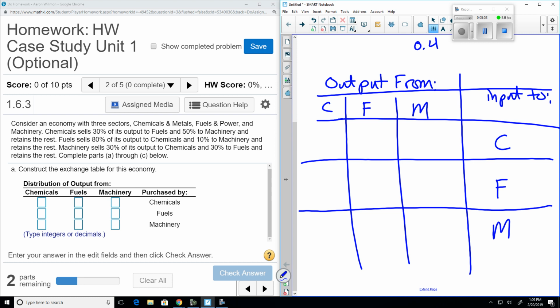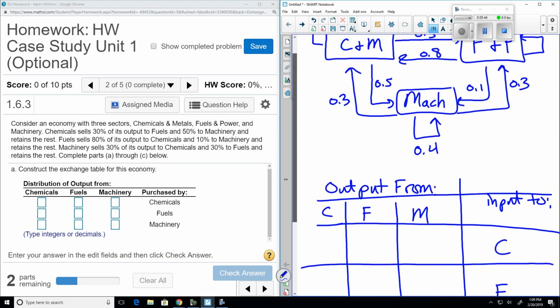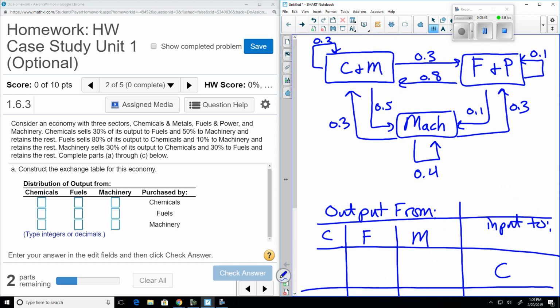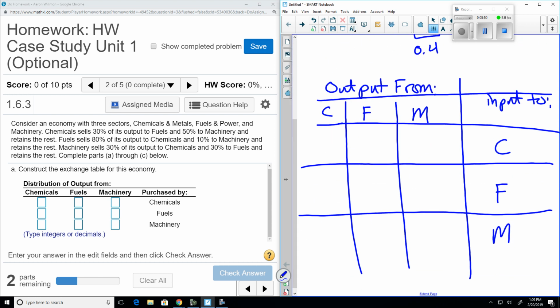So you can go from the diagram or you can go from the text. If we look at the output from chemicals, 30% goes to fuels. So chemical to fuels, 0.3.